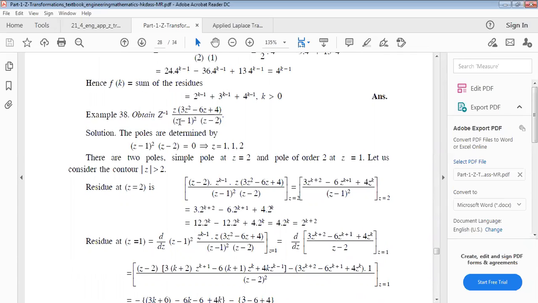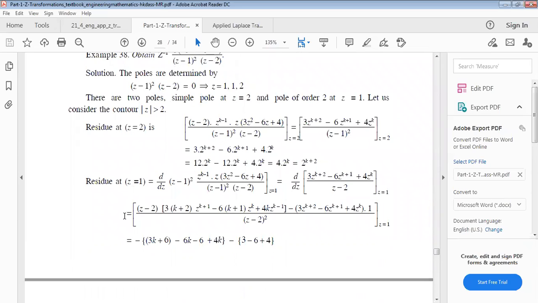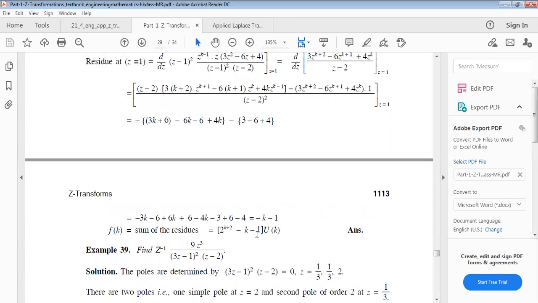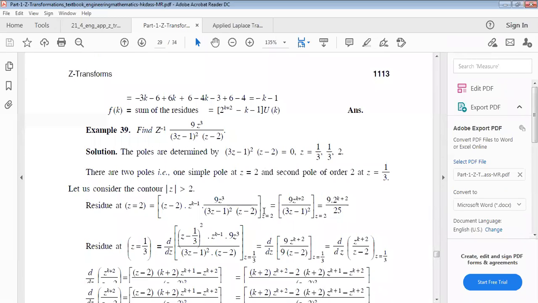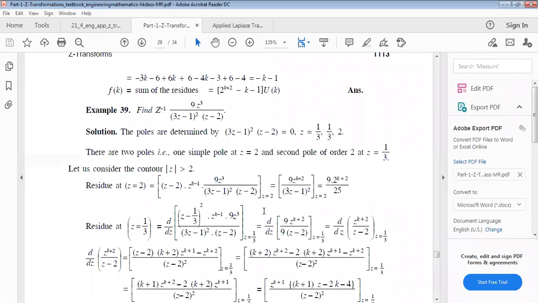38. Similar process, just finding the poles. How? There are 3 poles, 1, 1 and 2, right? So taking absolute value of z greater than 2, proceeding on a similar process, once for z equals 2 and the other for z equals 1, you will proceed, then you will get the same result. 39 also, how many poles do we get here? 3 poles, 1 by 3, 1 by 3 and 2.